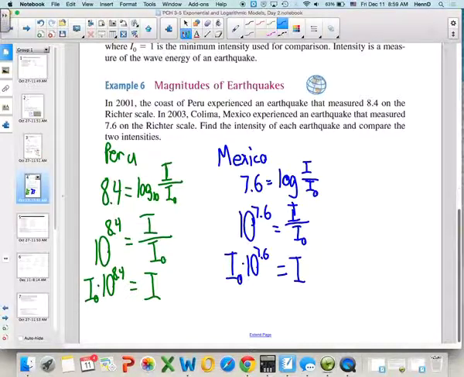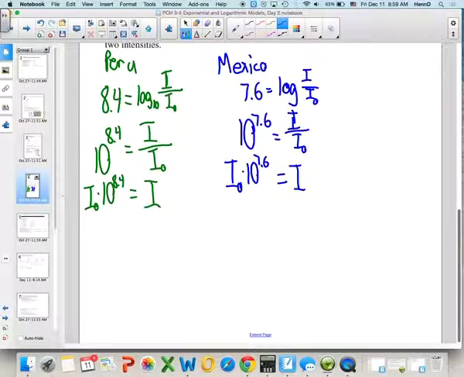A ratio. So, if we're going to compare Peru to Mexico, okay, we would do I sub naught times 10 to the 8.4 over I sub naught times 10 to the 7.6.